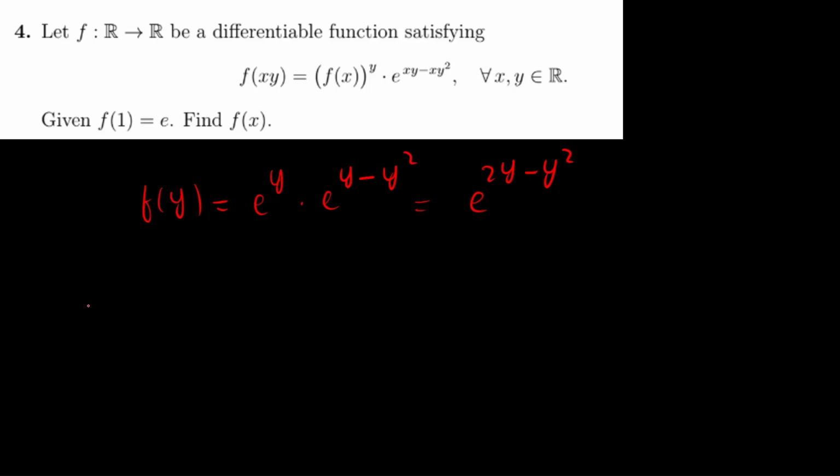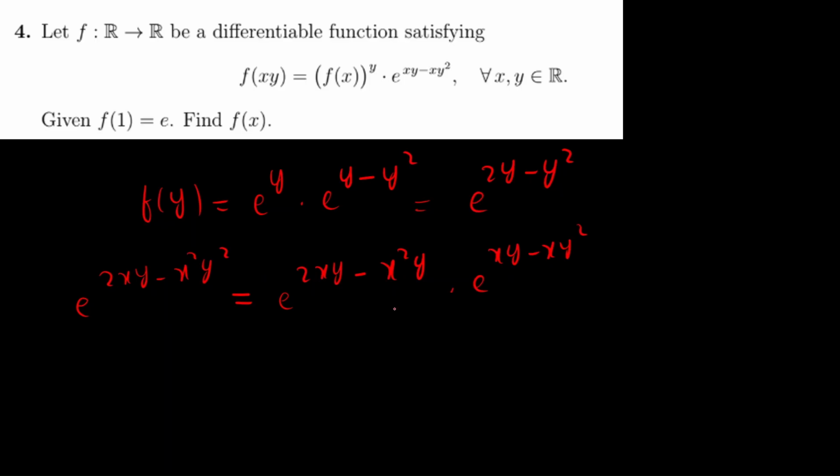If we substitute it in our original equation, we get e power 2xy minus x square y square is equal to e power 2xy minus x square y into e power xy minus xy square.